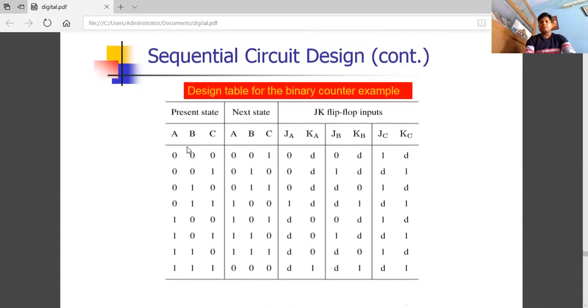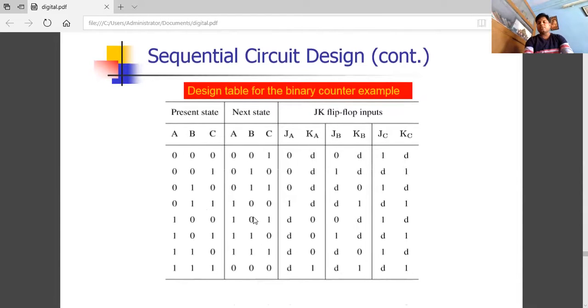Present state ABC values and next state ABC values. It means 0 to 1, 1 to 2, 2 to 3, 3 to 4, 4 to 5, 5 to 6, 6 to 7, 7 to 0. Here this counter is a 3-bit counter only. It means 0 to 7, and 7 goes again to 0.